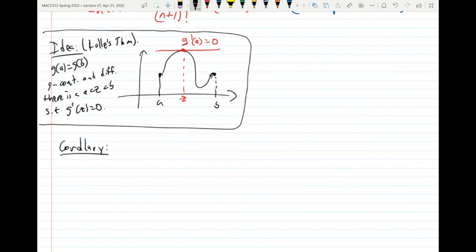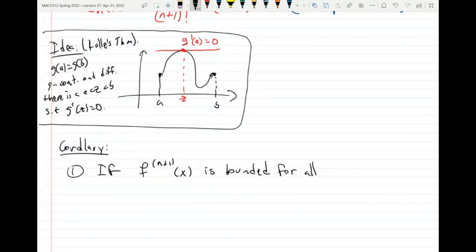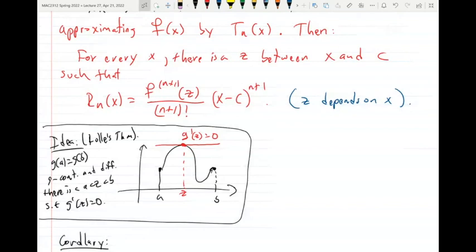So the first thing is, number one, if the n plus first derivative of the function is bounded, and if you can bound this for all x in the interval I, in other words, because remember, this z changes when x changes, but z is always between x and c anyways.